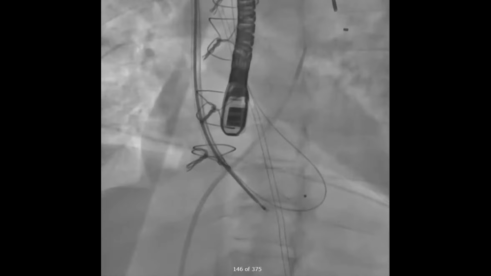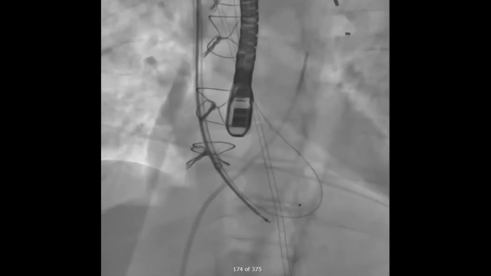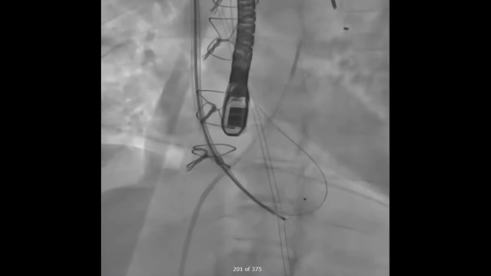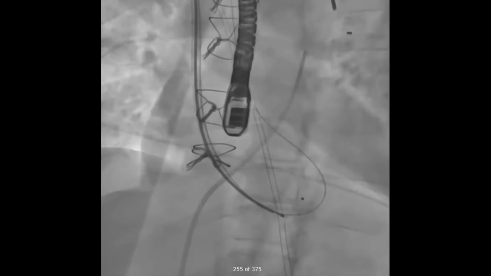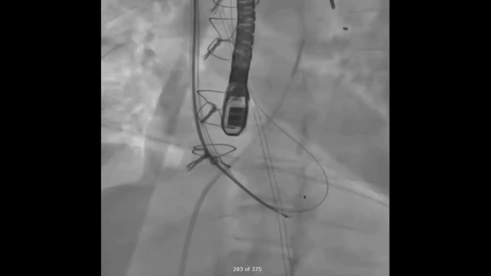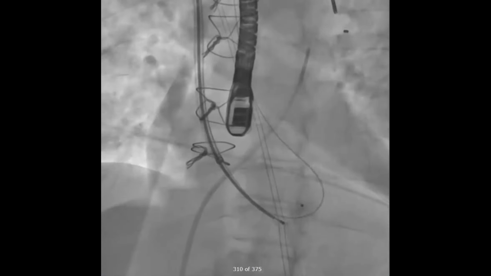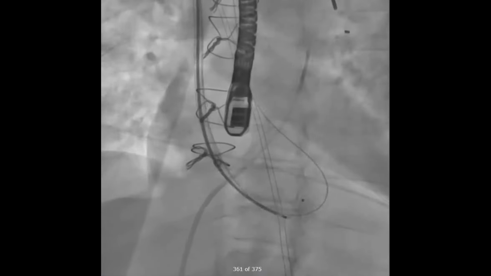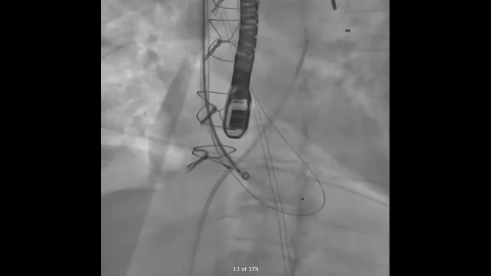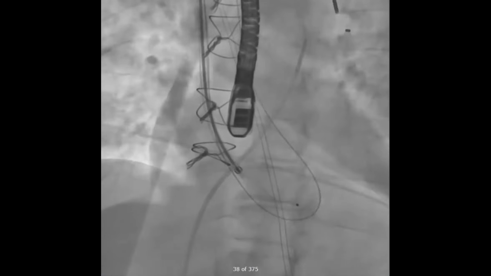So the right ventricle by itself has Thebesian veins or Thebesian arteries. Keep forgetting the name. They absorb the blood right from there. So the PA saturation drops because the blood is flowing slowly, and that's why.